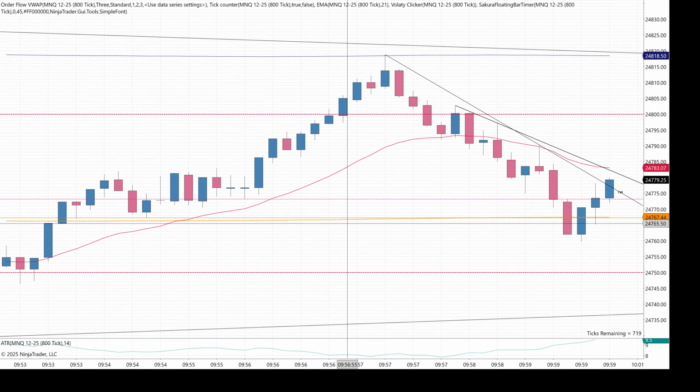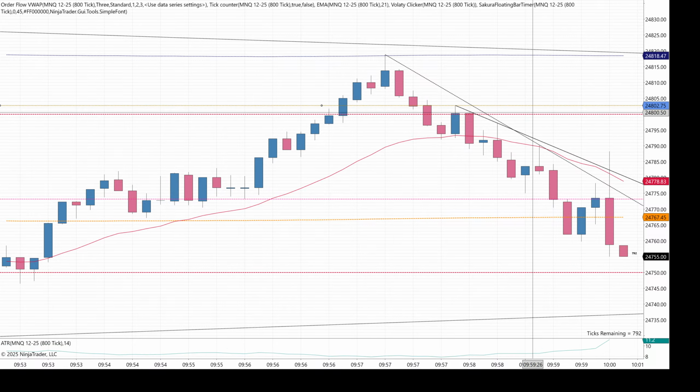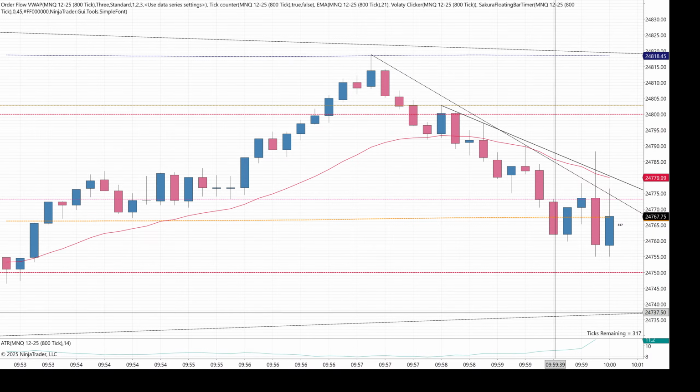Our golden ruler moves to here. Okay, this is the crazy 10 o'clock candle we were talking about.